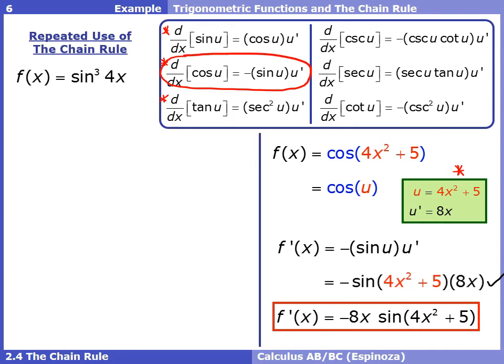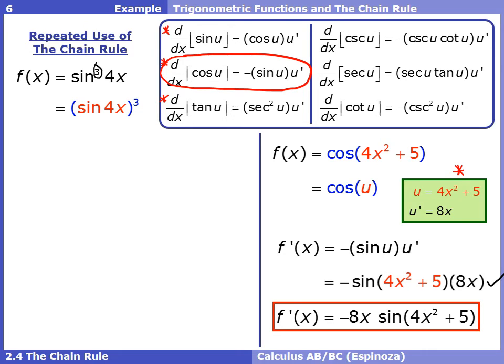Now a little harder problem. In this example, we're going to use the chain rule a couple different times. But before we get to why that's the case, the very first thing I'll ask you to always do when you're doing trig problems that have a power is to rewrite those trig problems. It gets a little confusing, if not totally unrecognizable, to leave the power of 3 next to the sin or the cos or the tan.